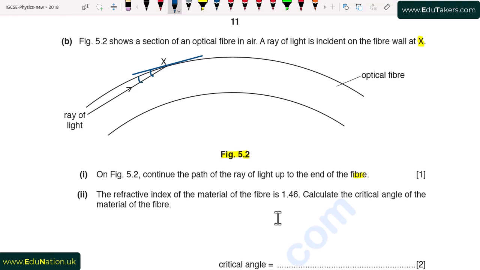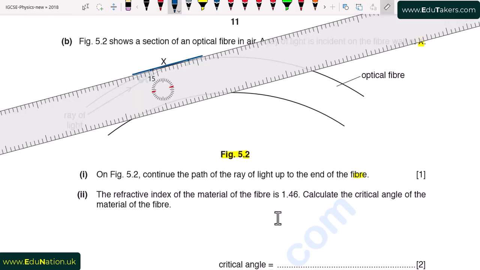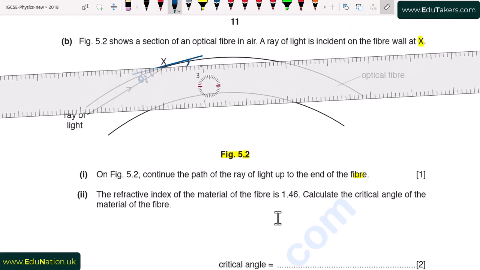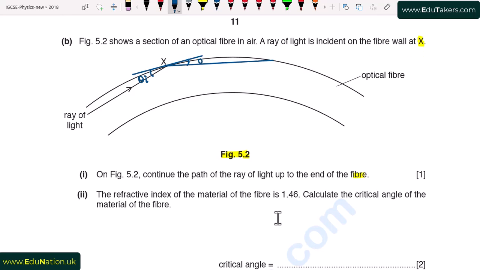So this is theta I, that is the angle of incidence. So there will be the angle of refraction, that is this one, because here the ray is reflected, so it will be just like this.